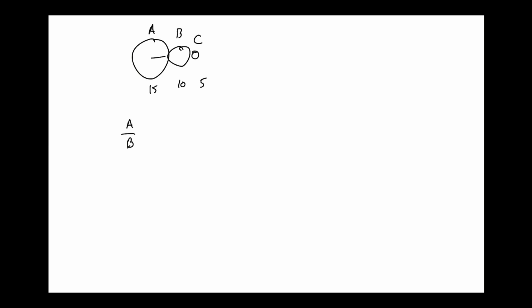And so it'd be 15 over 10, okay? All right, and how many times does C rotate given a rotation of B? 2, right? And we got that by 10 over 5.